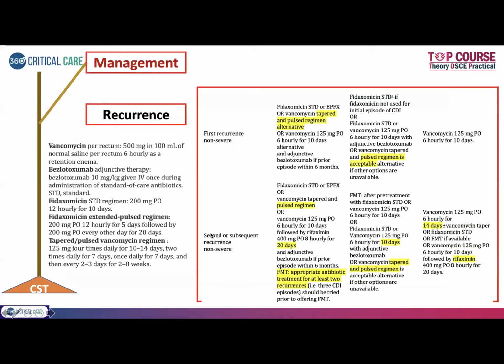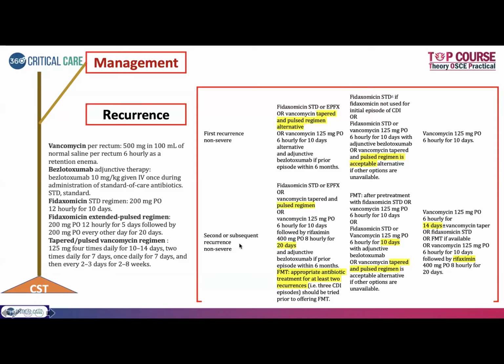based on the recurrence, ideally every week it has to be pulsed and tapered off. For the first recurrence, you'll have to give it for a period of 10 days and then adjunctive bezlotoxumab if the prior episode was within 6 months.